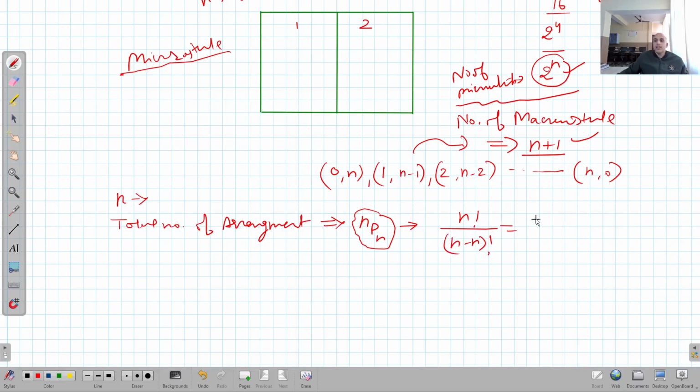So it is obviously n factorial, because (n minus n) factorial is equal to 0. So n factorial is the total arrangement of these n particles.